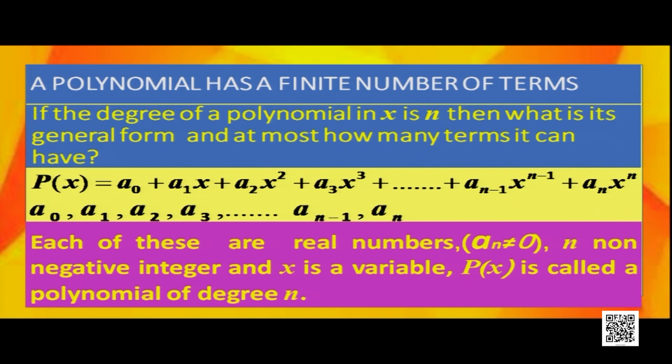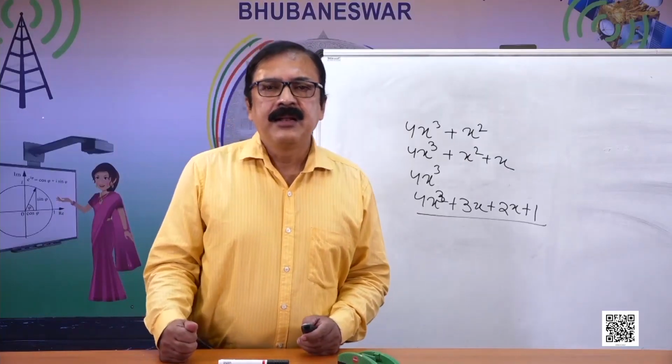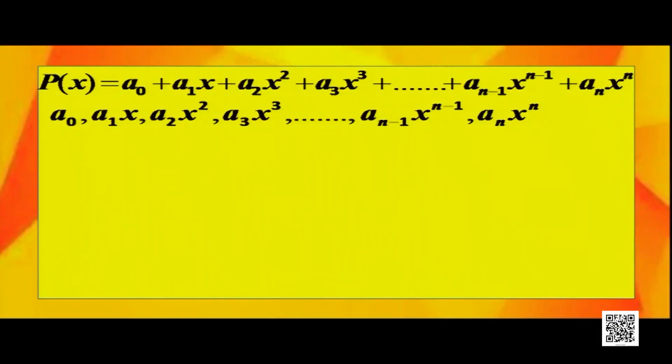Here p(x) is called a polynomial of degree n. This polynomial has terms a0, a1x, a2x square, a3x cube, and in this way a(n-1) x to the power n minus 1, an x to the power n.